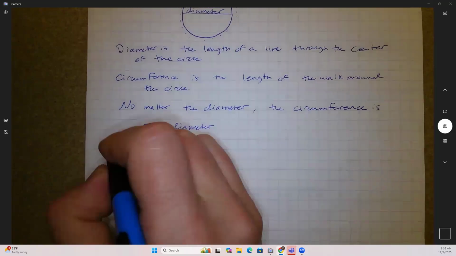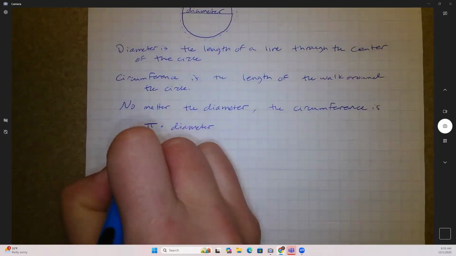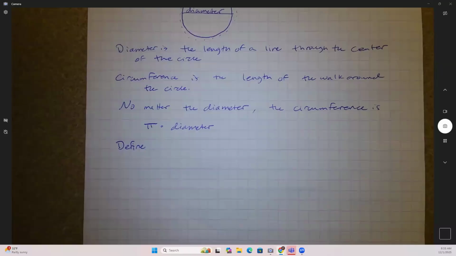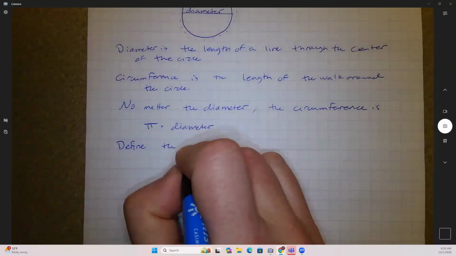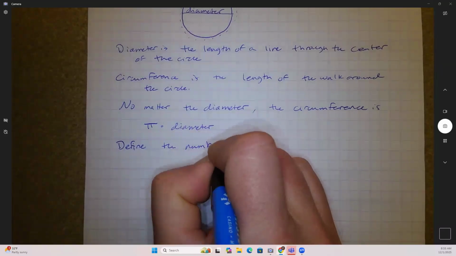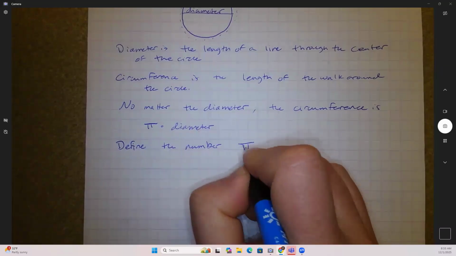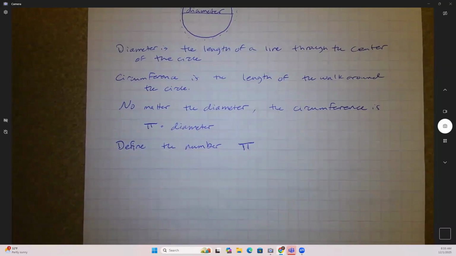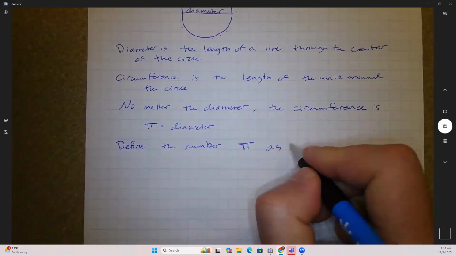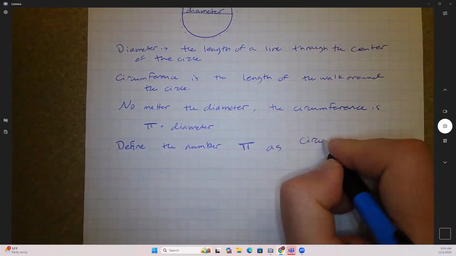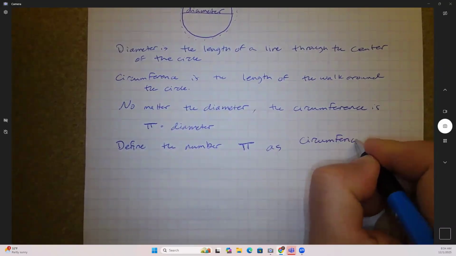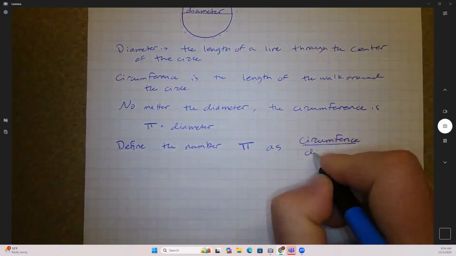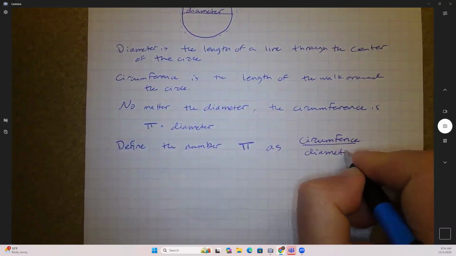So we can actually, and this is how the Greeks and probably other cultures did it, define the number pi, which is 2 little vertical lines with a line over the top. Define the number pi as the circumference divided by the diameter.